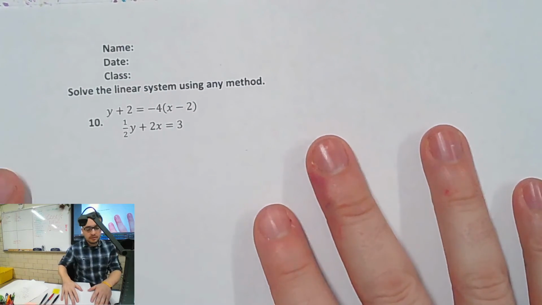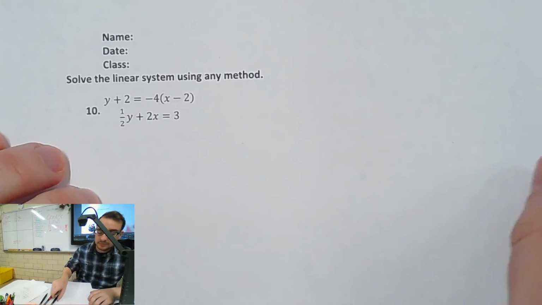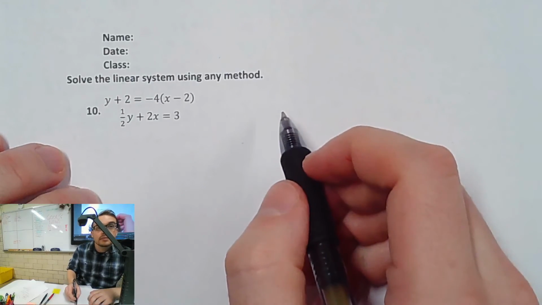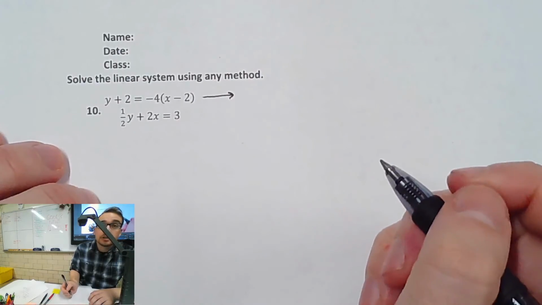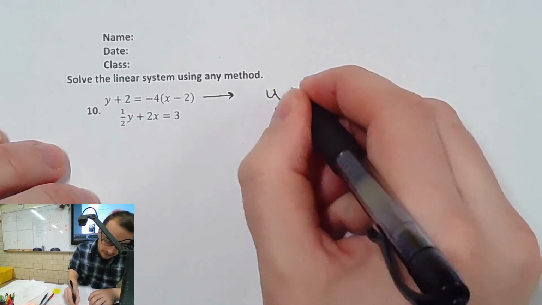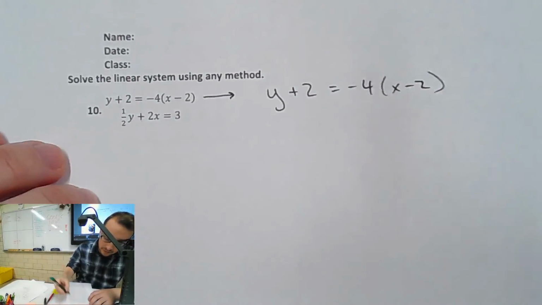Number 10. Any method you want. Substitution. Here's what I would do. I would take this guy and convert him into slope-intercept. So what I'm going to do is take this guy. I'm going to distribute that negative 4.